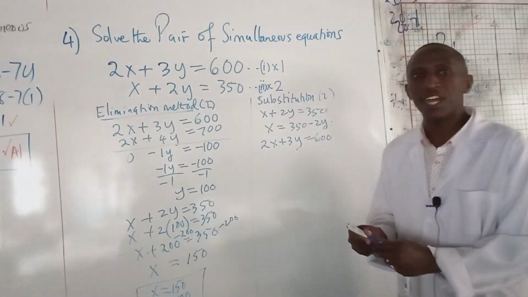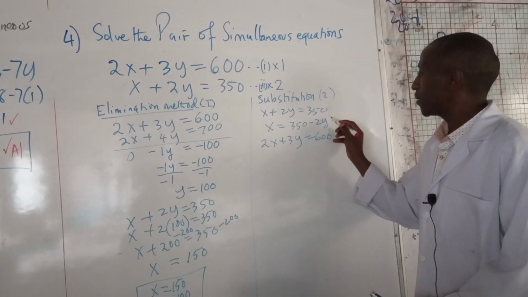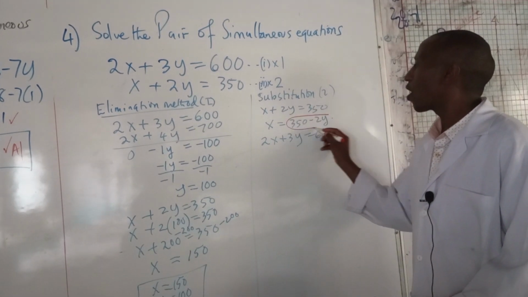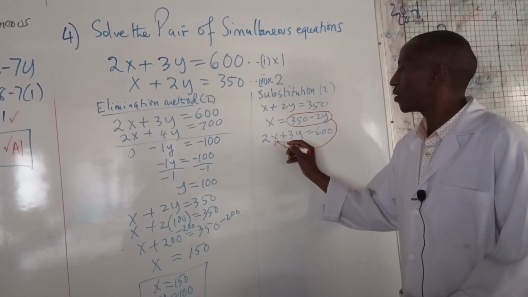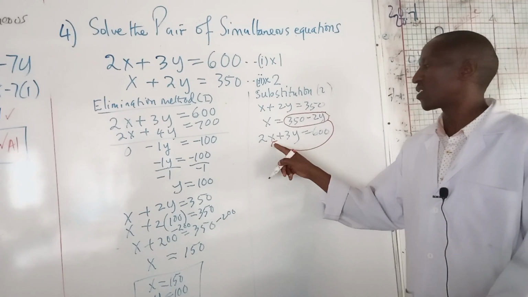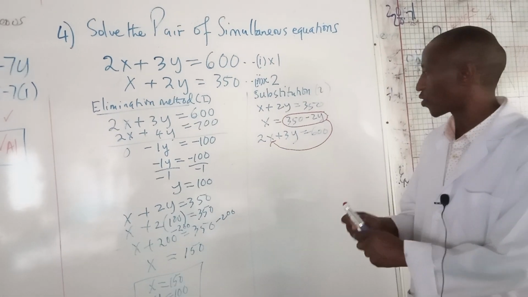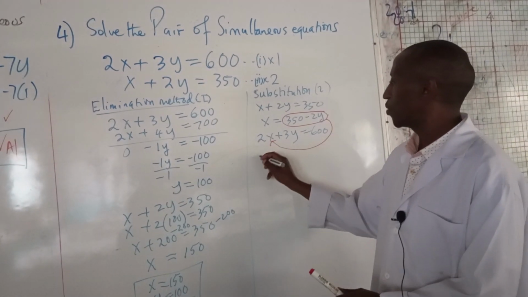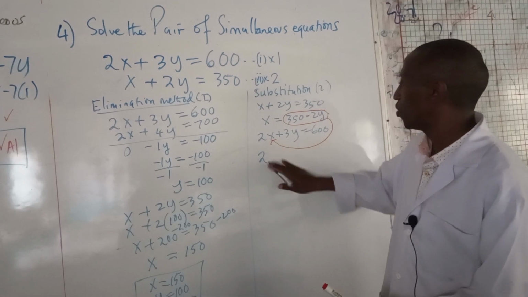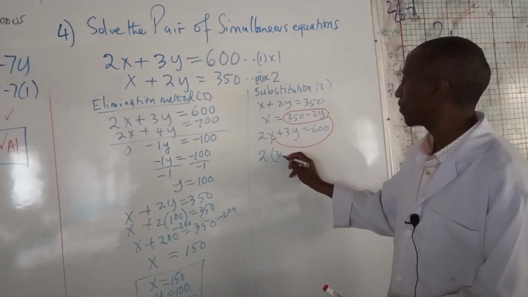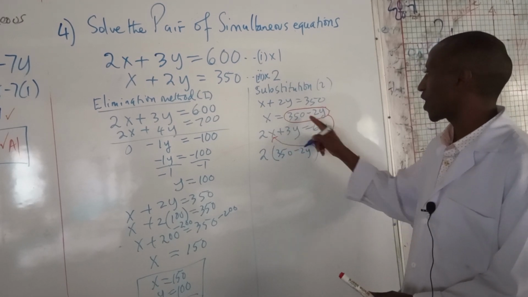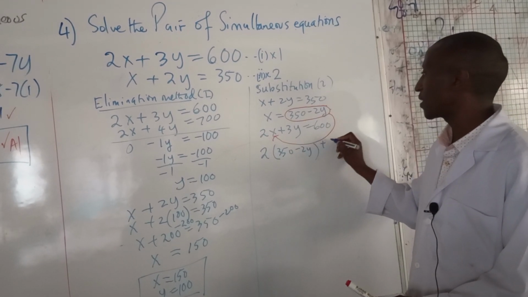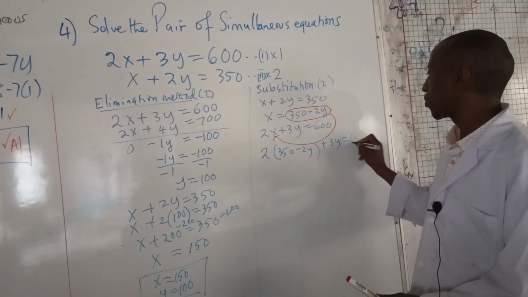Now, as we had said earlier, this x is the one we are going to substitute at this point. And that gives us what? That gives us 2 into 350 minus 2y, that is the expression for x, plus 3y is equal to 600.